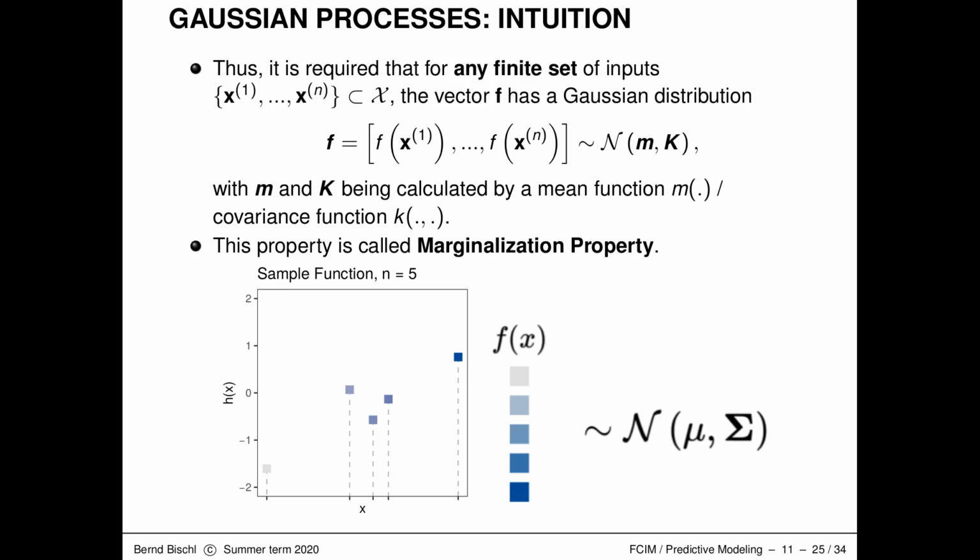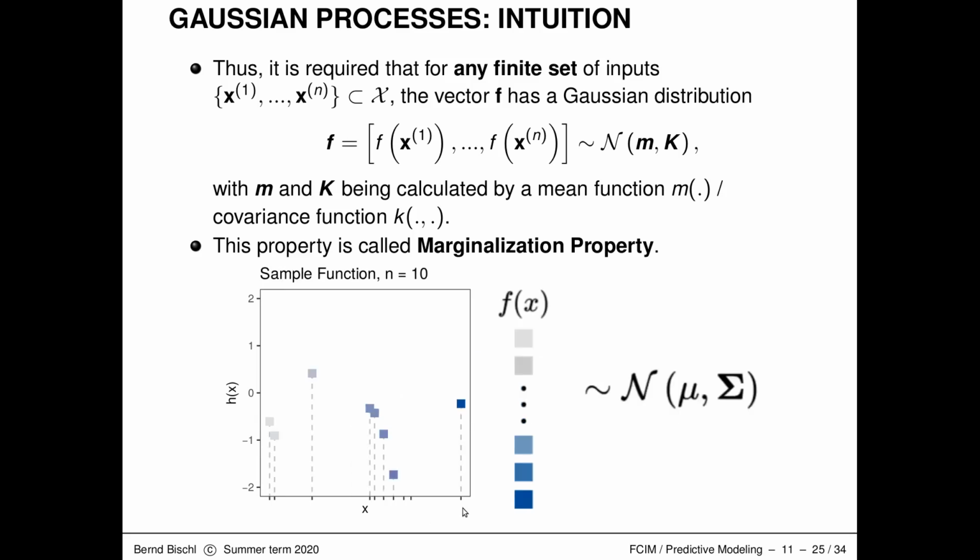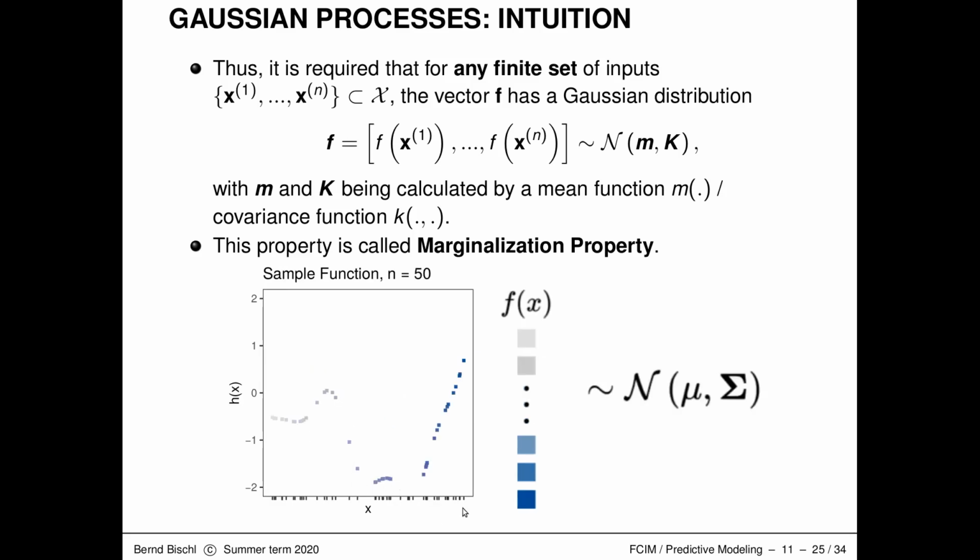So for example, we can now sample functions at arbitrary measurement points. Here I'm sampling a function at 5 measurement points that are of interest to me, or I can sample at 10 points, or at 50 points, because I just have to decide where these 50 measurement points lie in my input domain. And then I know that they are normally distributed.